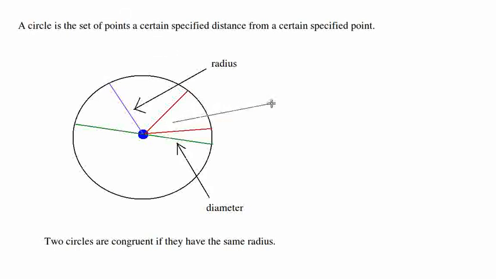Such angles with vertices at the centers of circles, those types of angles are referred to as central angles. Okay? So I've given you three terms with respect to circles, in addition to defining what a circle is. And I've also told you how to determine when two circles are congruent.